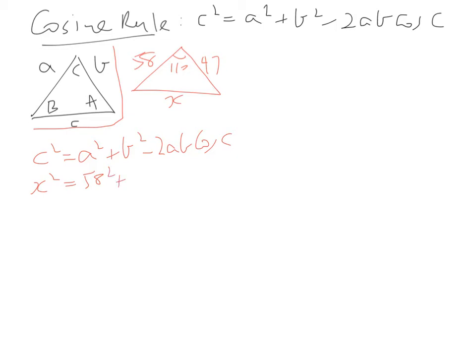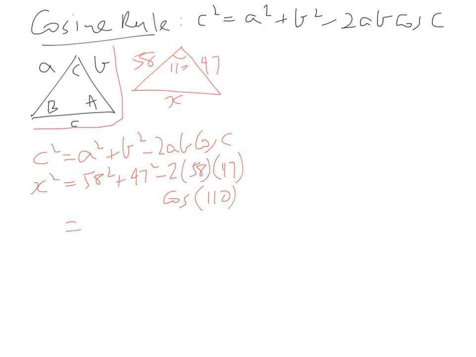Instead of B squared, I'm going to write 47 squared. And write 2 times 58 times 47, and I'll say cos of 110. The next line, we're going to work all this stuff out.